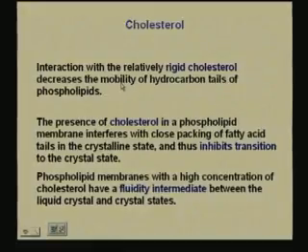Now, the single bonds are free to move, they are flexible, but if the cholesterol is sitting beside it, which has a very rigid steroid nucleus to it, the flexibility is not allowed in the hydrocarbon tails as such.